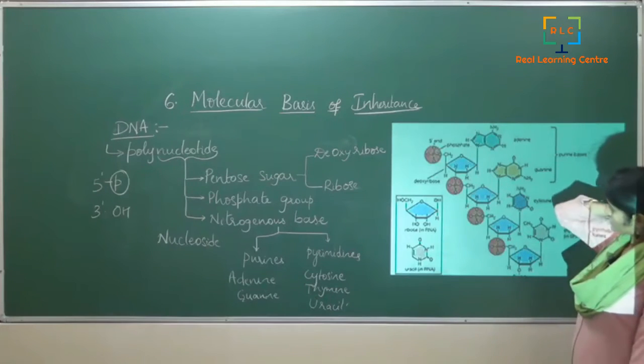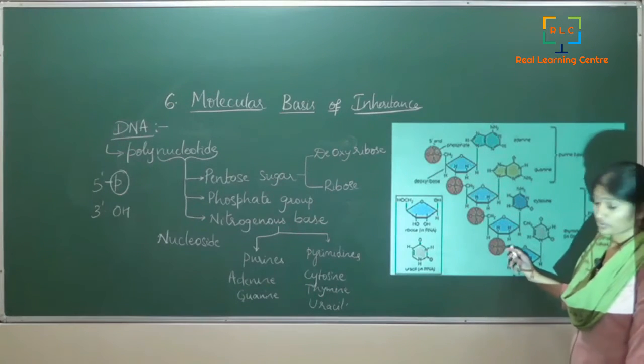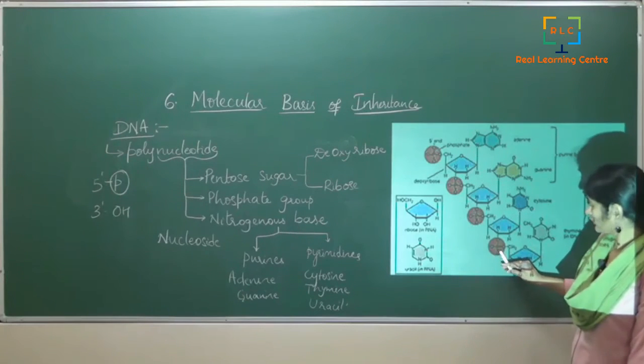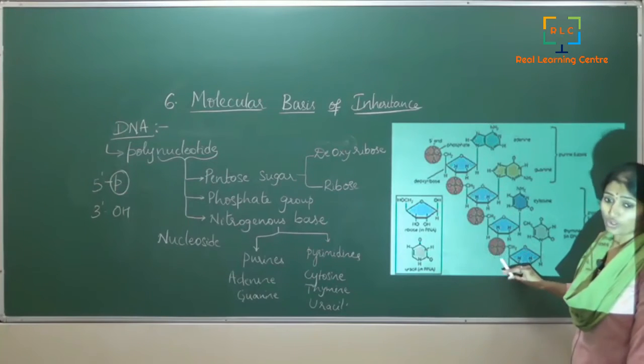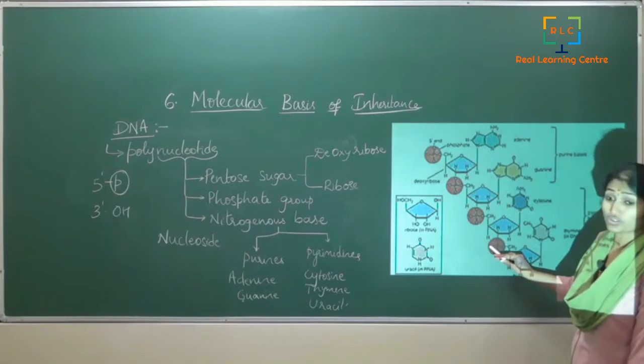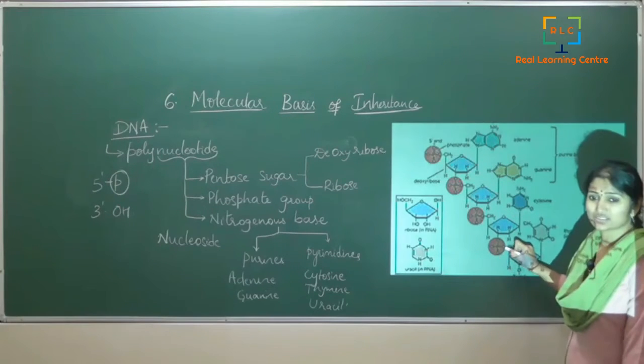Now this CH2OH is linked, that OH is replaced by a phosphate group. Phosphorus attached to 4 oxygen atoms, so you have this phosphate group, which forms a phosphodiester bond.